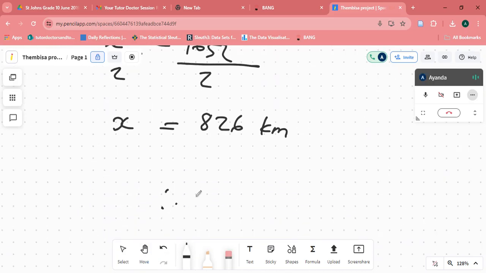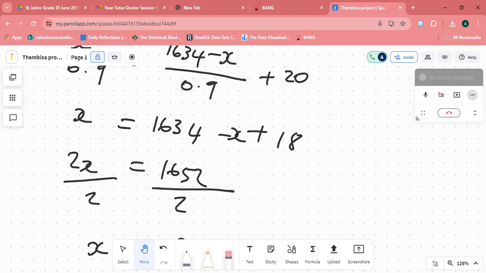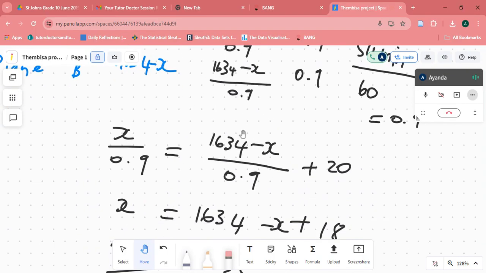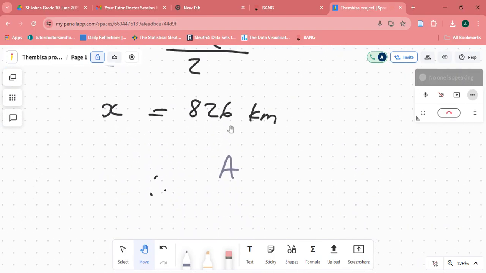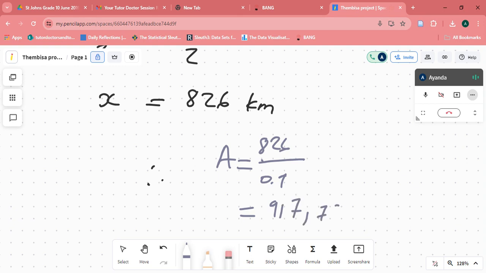So now we can figure out the speed of plane A. The speed of plane A is the distance over 0.9. So that's 826 over 0.9. And that's going to give us 917.78 kilometers per hour.